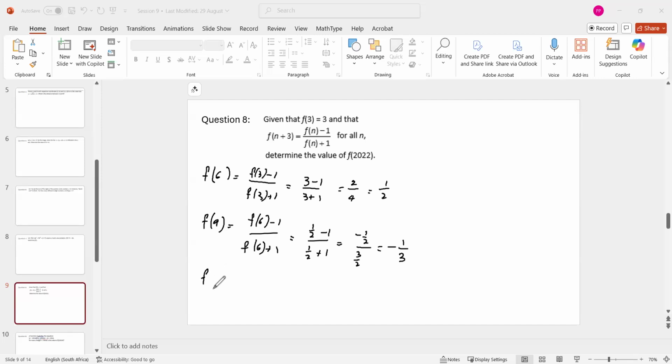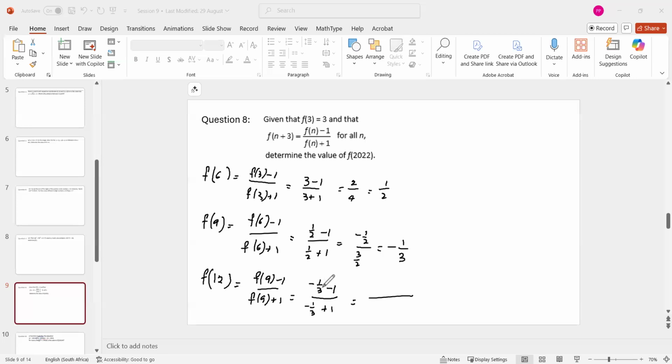Let's try again. We're not getting anywhere. It will take us a long time to get to f of 2022. But there must be some kind of a pattern here. So let's try f of 12 now. And this will be f of 9 minus 1 over f of 9 plus 1, as we did before. F of 9 is minus 1/3, so minus 1/3 minus 1 over minus 1/3 plus 1. Now, let's multiply numerator and denominator by 3.